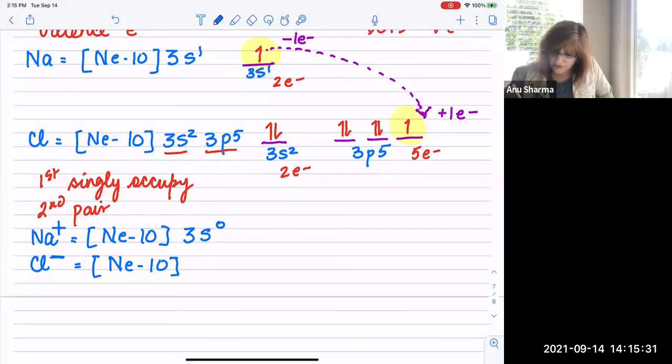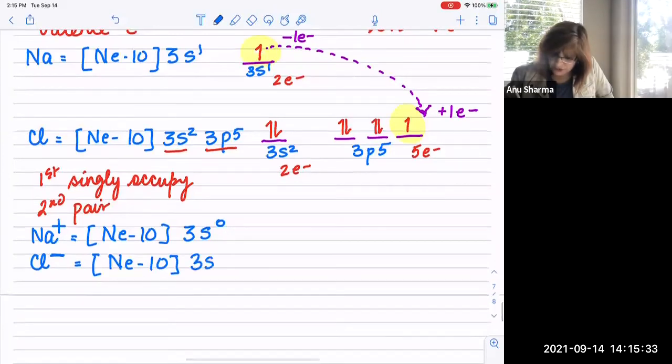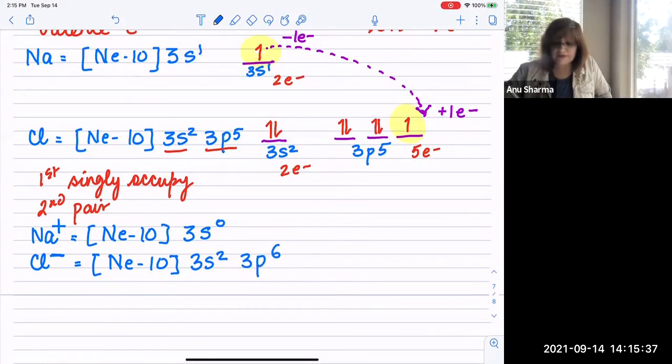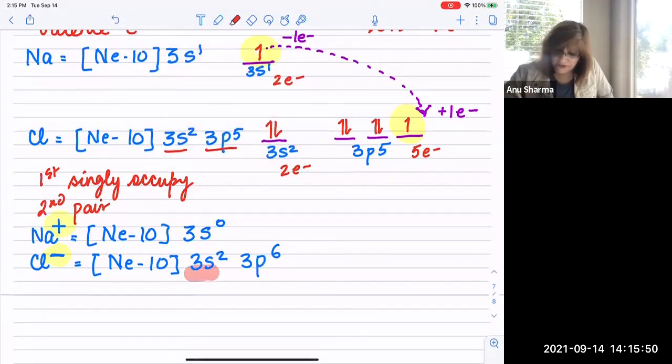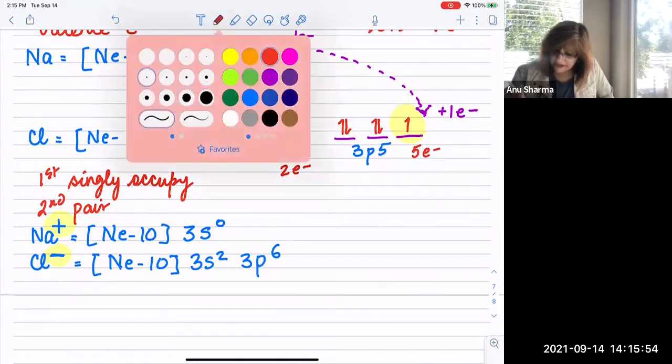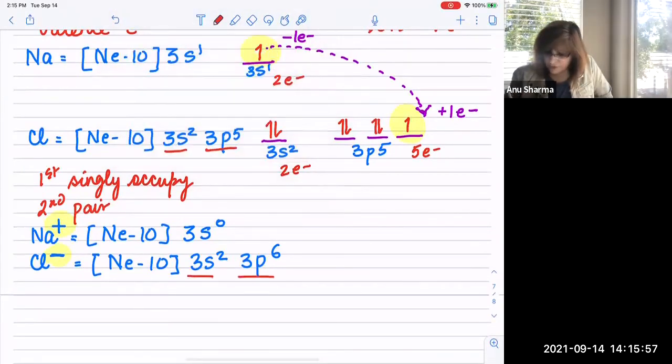Okay, so then we have 3s2, and it acquired that one more electron, so it becomes 3p6. So if you look at it, sodium plus, that one electron has gone to chlorine. So that's why chlorine gets a negative charge, and it gets a fulfilled orbital. So this is fulfilled, this is fulfilled, and this is also fulfilled.